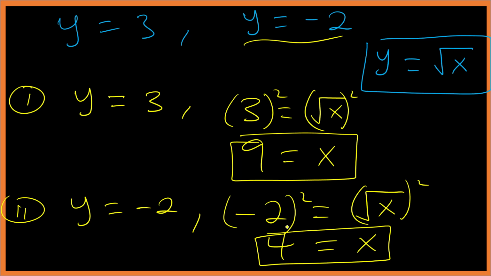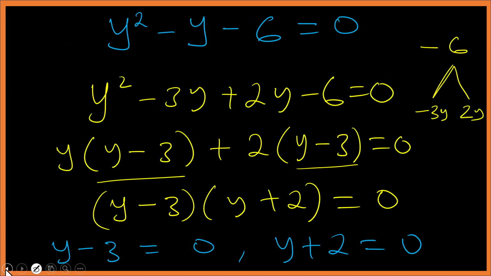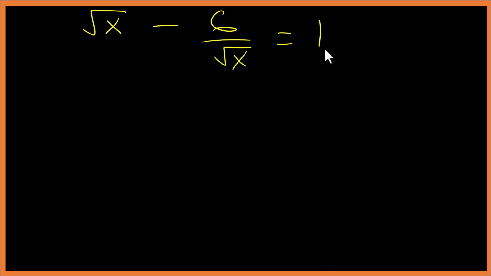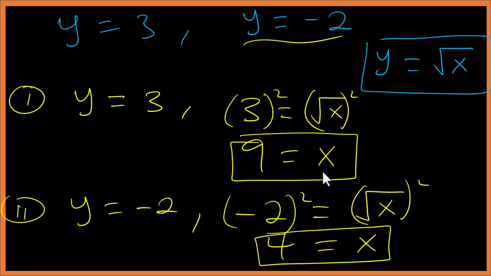Alright, so let's verify if our answers are correct here. So we have this equals to that, this 6 and that equals 1. So the answers for x are 9 and 4.